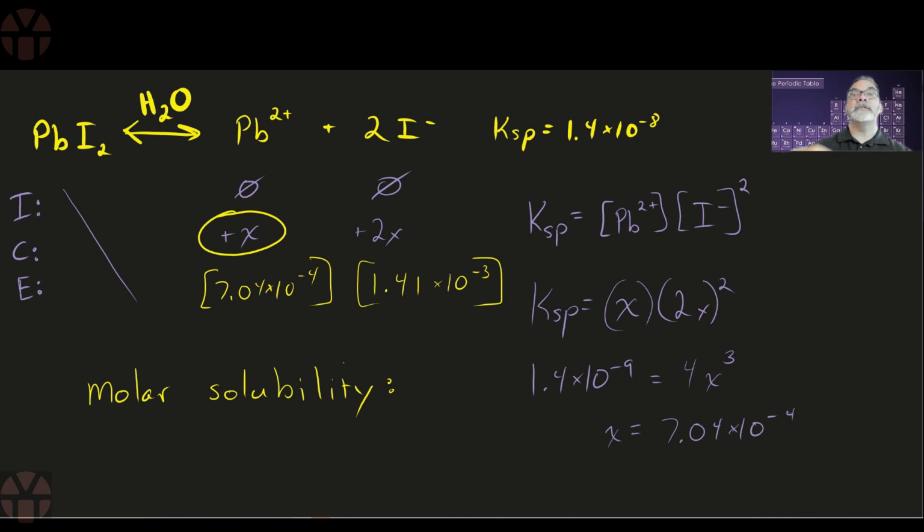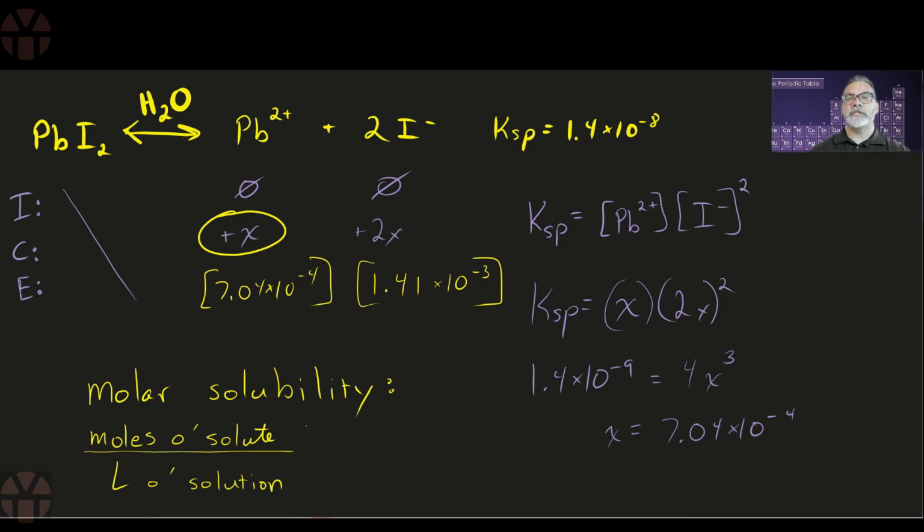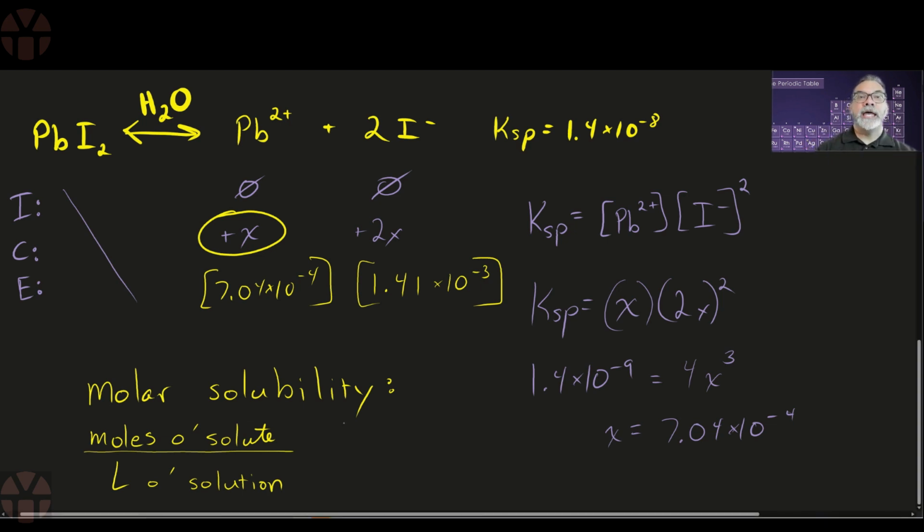To what extent does the solid dissociate or break up in water? The reason we refer to this as molar solubility, and you see here I've written it as moles of solute divided by liters of solution, is because the solute wasn't the lead, and the solute wasn't the iodide. The solute was the amount of PbI2, in other words, the amount of the original salt that we found floating around in our solution.